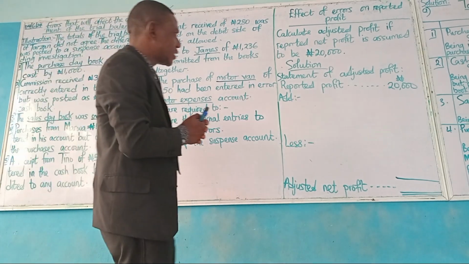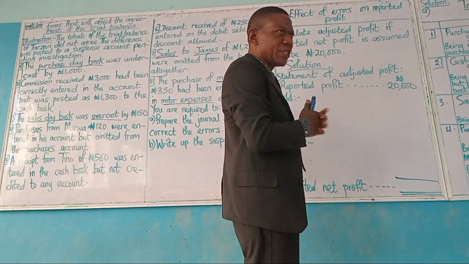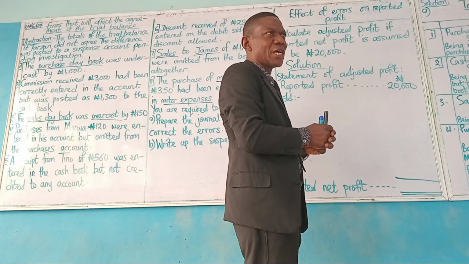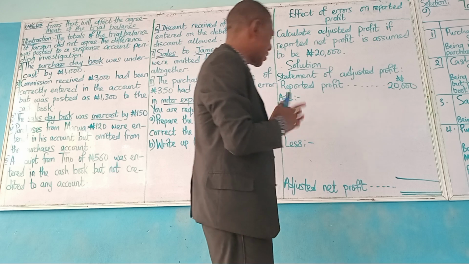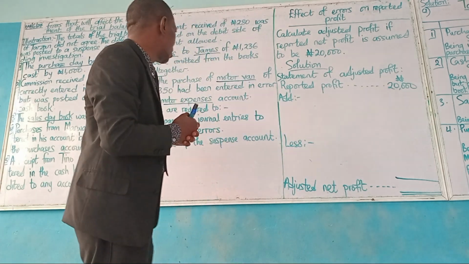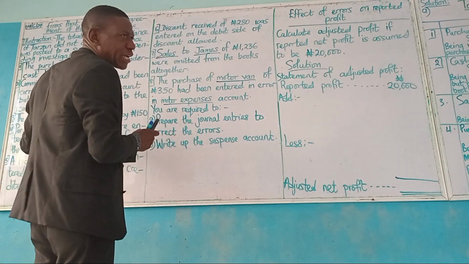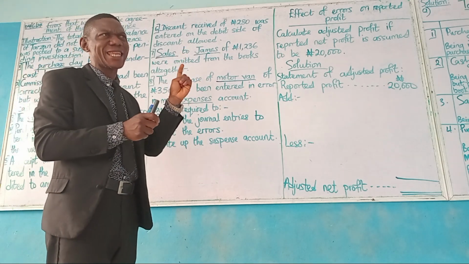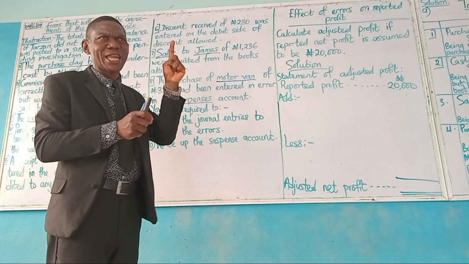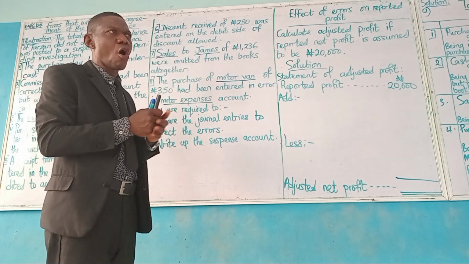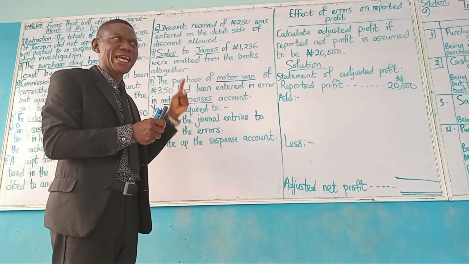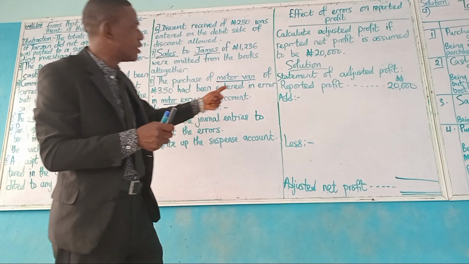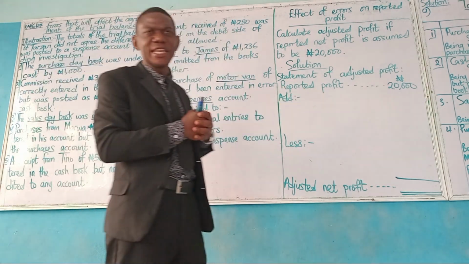We also know that net profit is arrived at in the profit and loss account. So any error that is going to have effect on an item in the trading account or on an item in the profit and loss account will definitely have effect on the net profit.